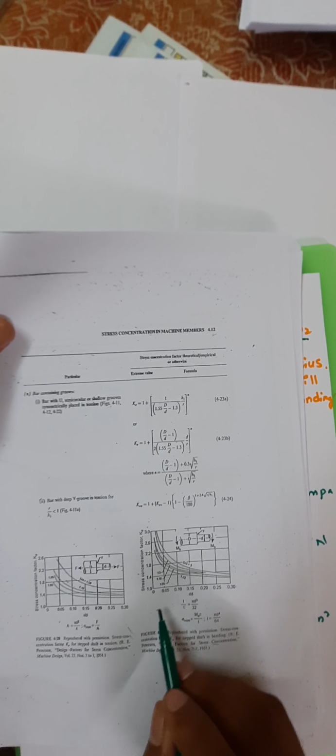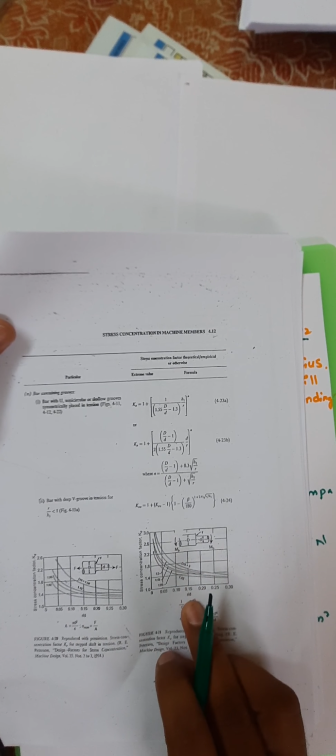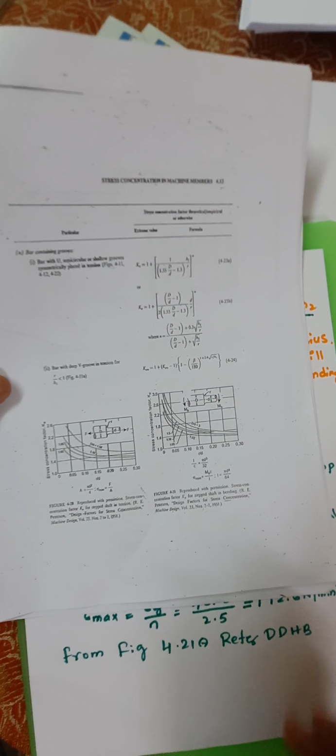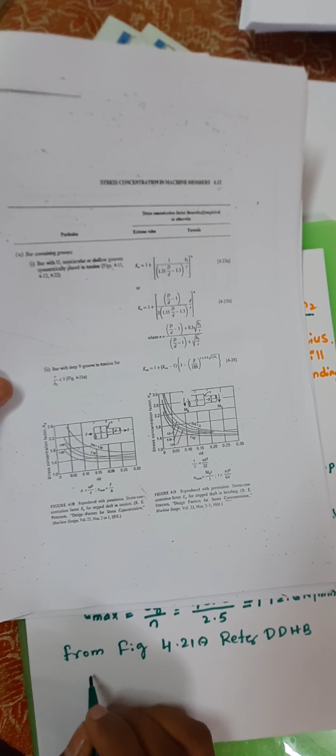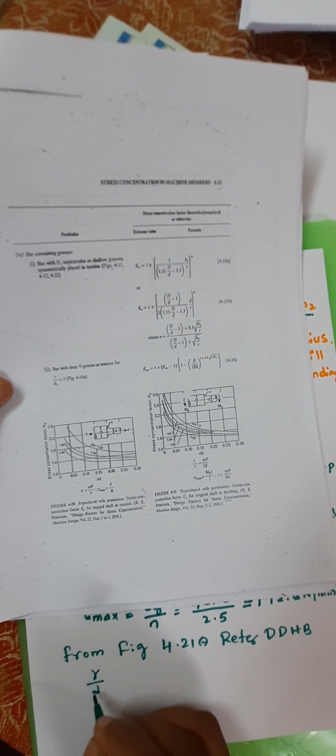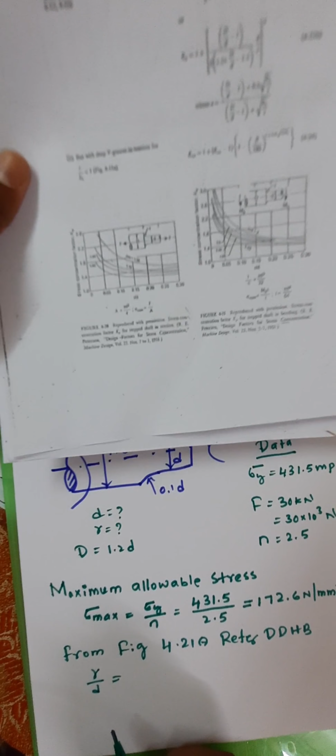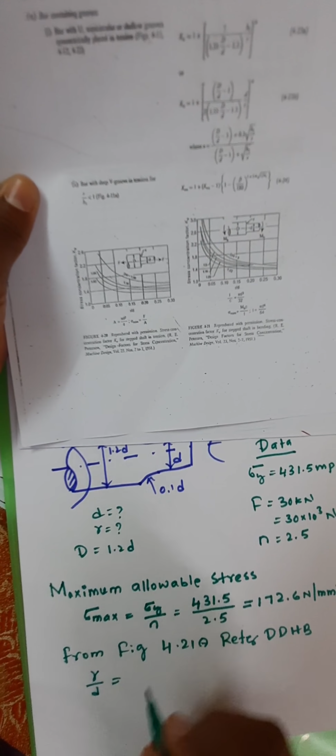Figure number 4.21a is a graph. From this we can find out r by d as well as D by d. You can see here r by d ratio. What is the small r?